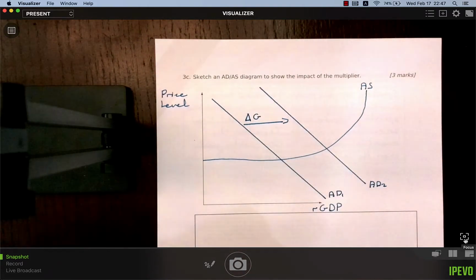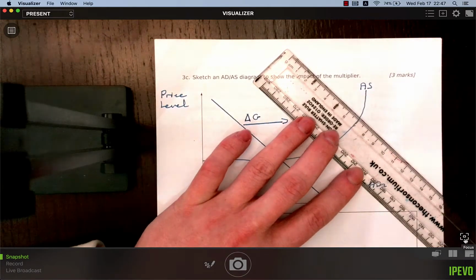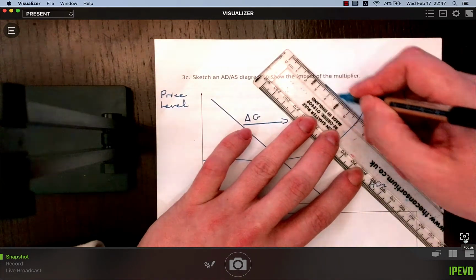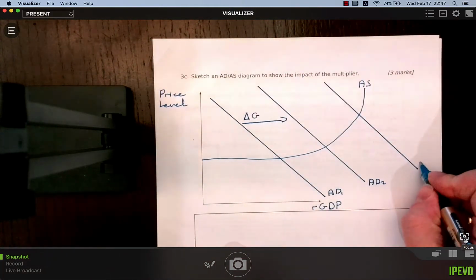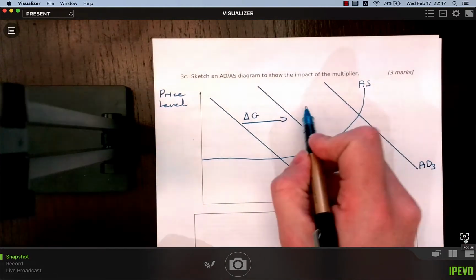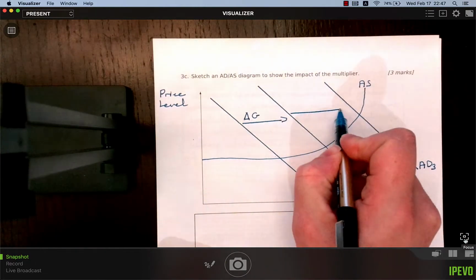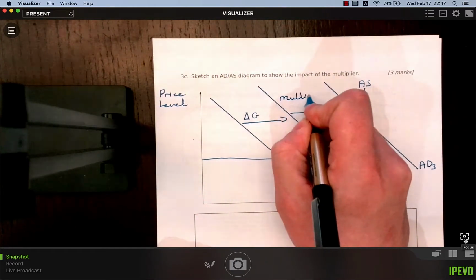Okay, then what we're saying is something else happened. This kicked off a number of extra rounds of spending, and that caused the aggregate demand curve to shift out even further. And what accounts for this further increase in aggregate demand? And that's the multiplier effect.